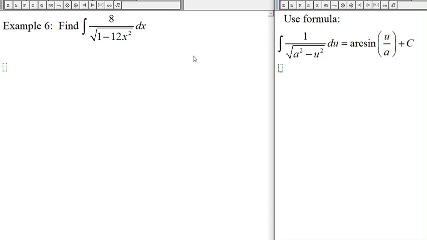And so to use this formula, we'll let a squared be 1 and u squared be 12x squared. And then take the square root of both sides. The square root of a squared is a. The square root of 1 is just 1.